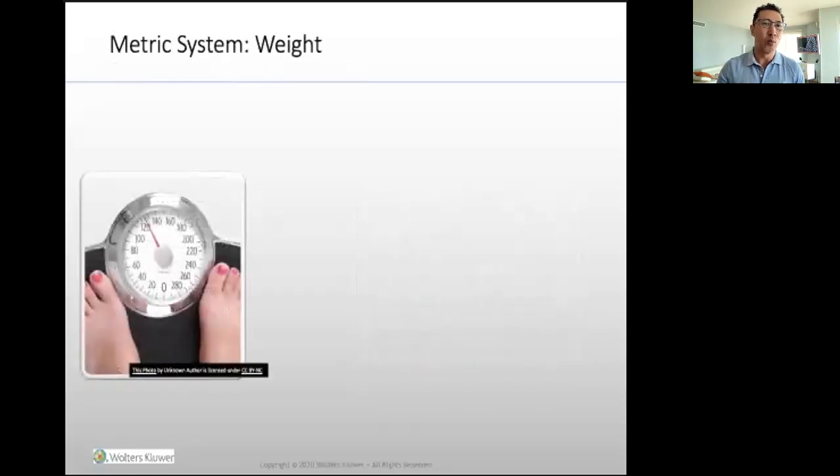So let's talk about the weight for the metric system. In the medical field, we use it for weight. I'm a fight guy, I like boxing.